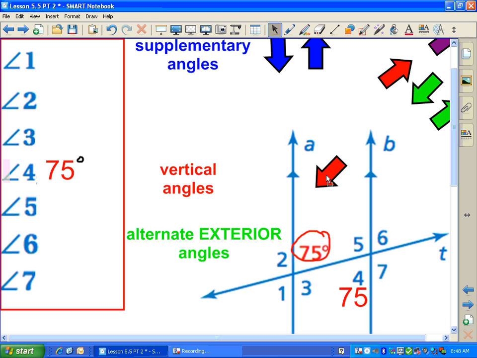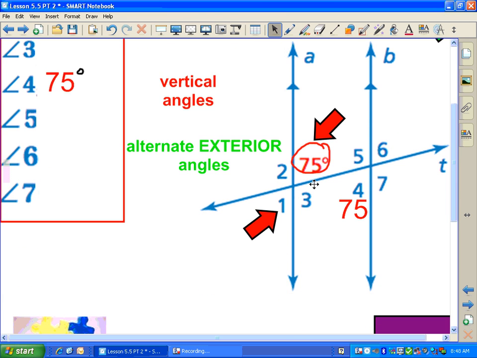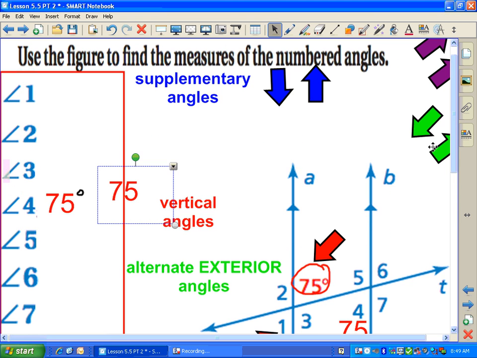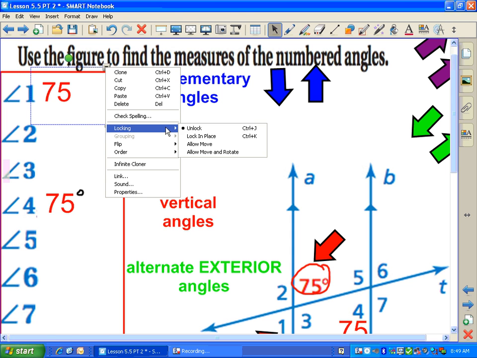Vertical angles are formed by intersecting lines, and they are across from each other, and they are congruent. So if this is 75 degrees, these are vertical angles. Angle 1 has to be 75 degrees. So I'm going to clone, pull them over. Angle 1 is going to be 75 degrees. Why? Because they are vertical angles.